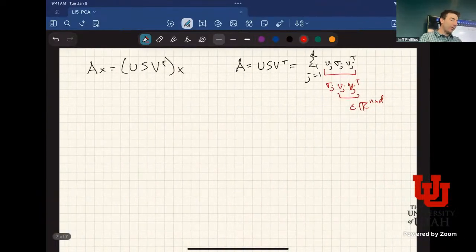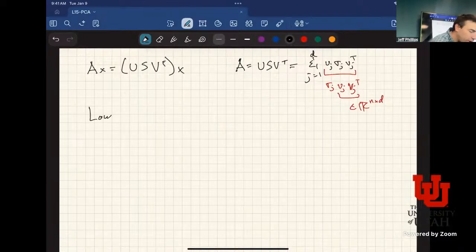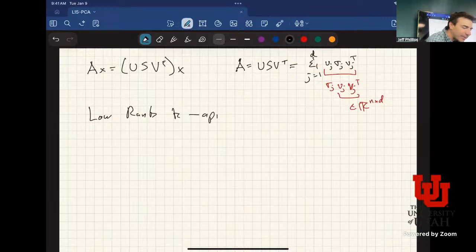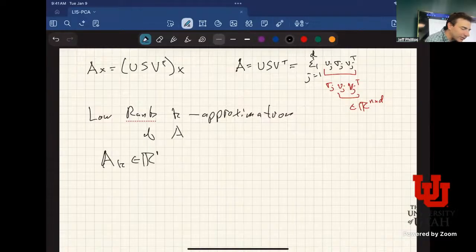Okay, so now we'd like to get a low rank k approximation of A, and I write this as A sub k, which will be, again, a matrix in n by d. The same way we did this projection map that gave us back a point in R^d but it lived in a low-dimensional subspace.